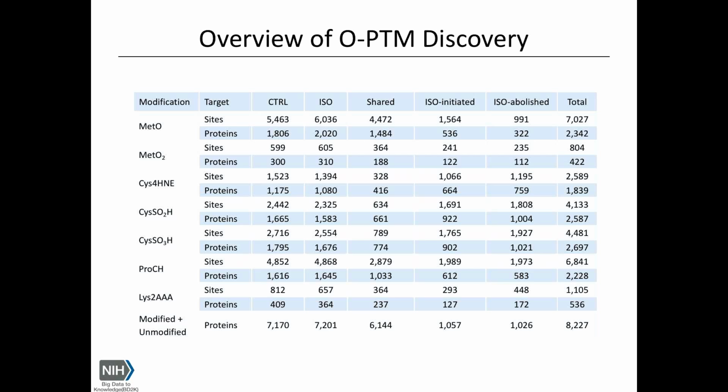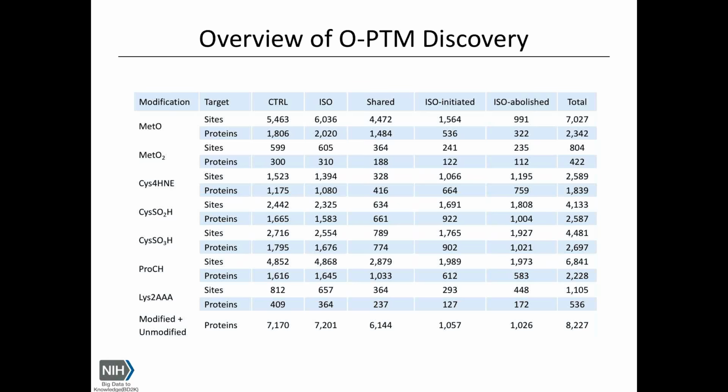So as illustrated in this table, the data generation and analysis workflows produced an O-PTM dataset of a total of 8,227 proteins, of which 6,521 proteins contained 25,472 sites modified by at least one of the 7 O-PTM types of interest.